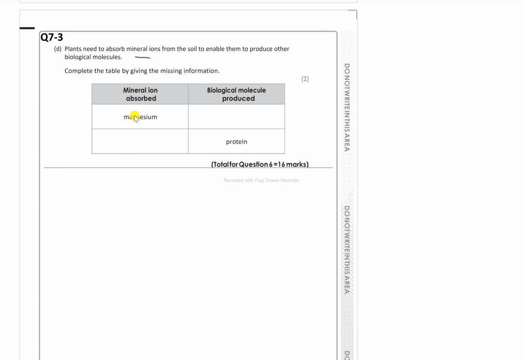Plants need to absorb mineral ions. Magnesium is used for chlorophyll. Right, and then nitrate.